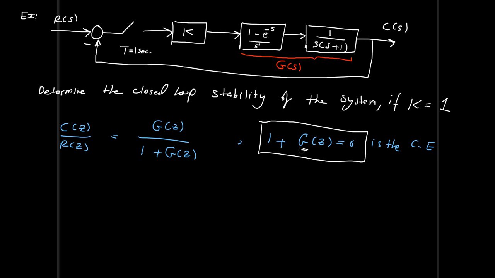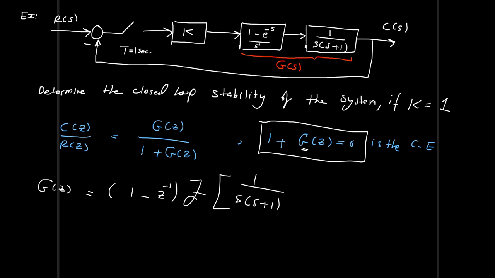So the first thing, I need to find G of z. G of z is 1 minus exponential of minus T, which will equal 1 minus z to the minus 1, and I will do the z transform for Gp of s over s, which will be 1 over s plus 1. So this is the Gp of s, and this is the zero order hold.